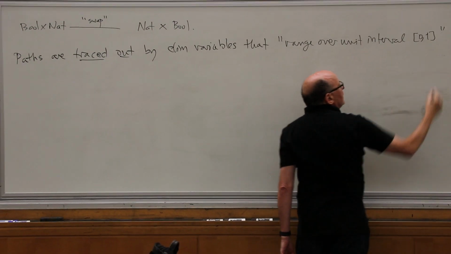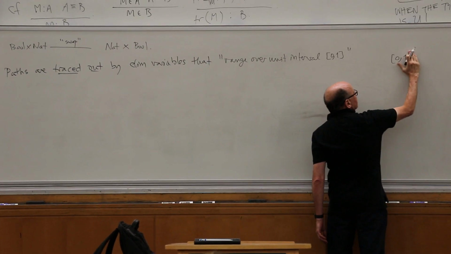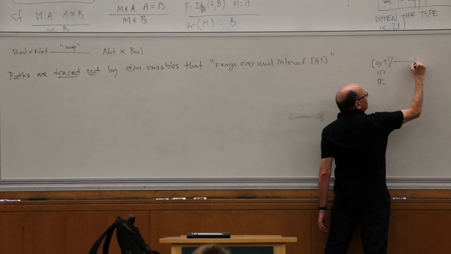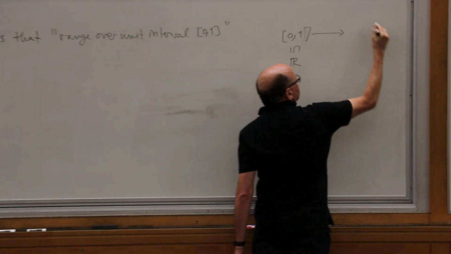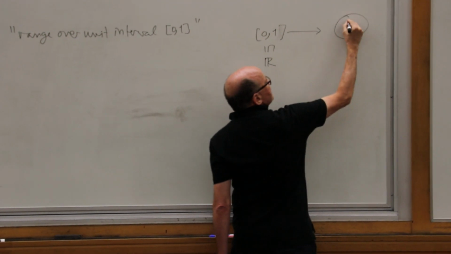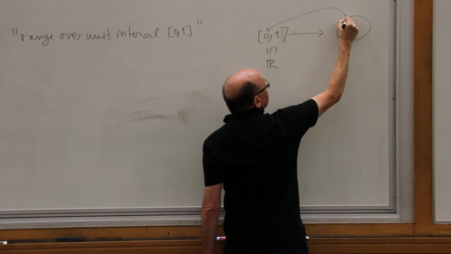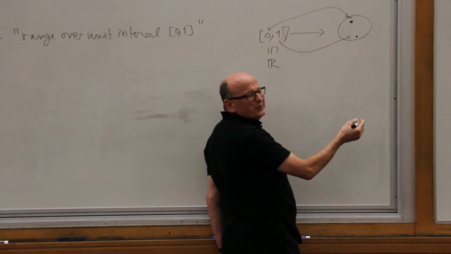If I actually had the unit interval as a piece of the real line, then a map from here into some space tells us where 0 goes and where 1 goes, and it's continuous in between.